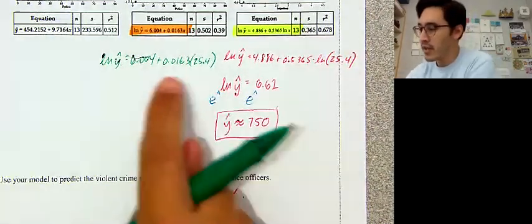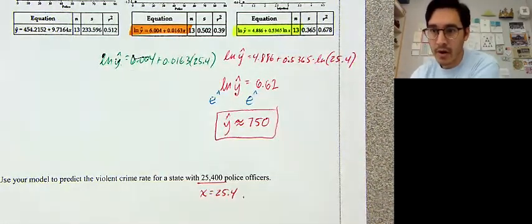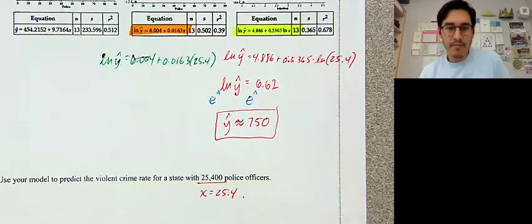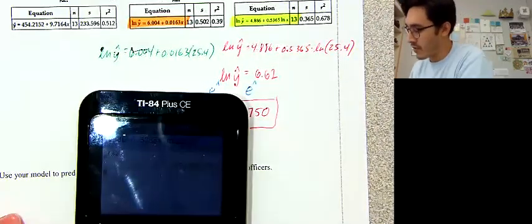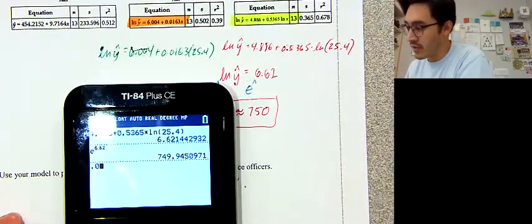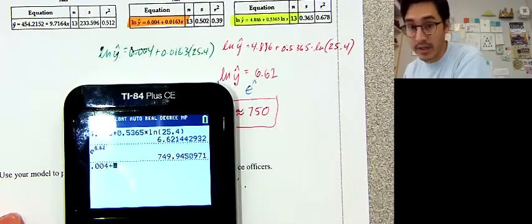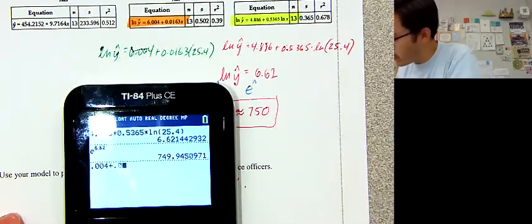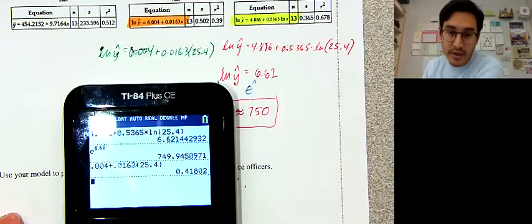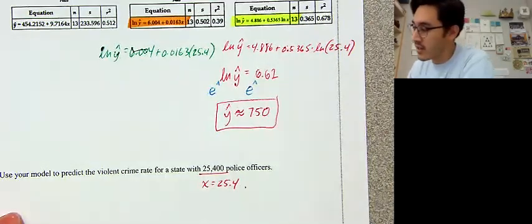All right. So because the expression on the right is all numerical, I can evaluate that. 6.004 plus 0.0163 times 25.4. Okay, so I get 0.418.